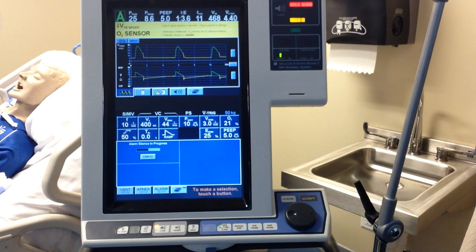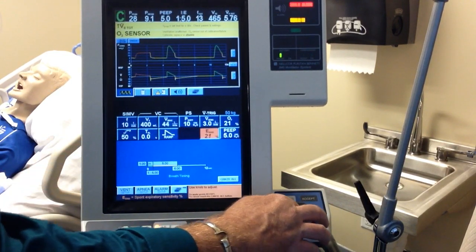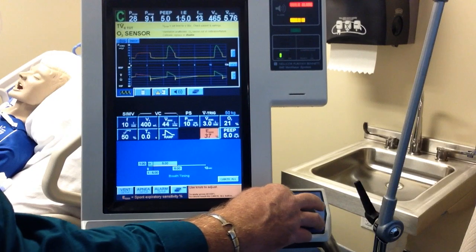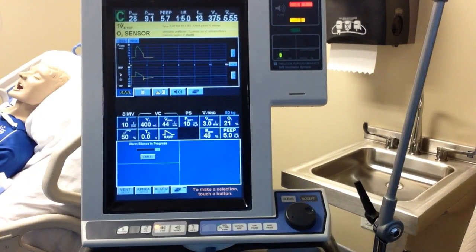Assist, spontaneous, assist, spontaneous. Look what a difference just 10 of pressure support made. And also my E sensitivity is way down, so that's going to be terminating at a very low waveform, at a very low flow.